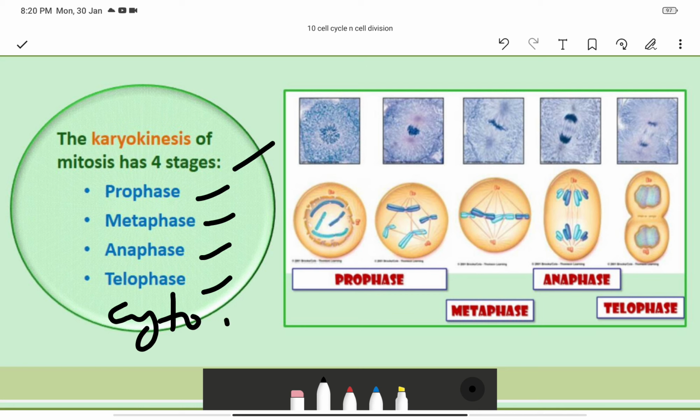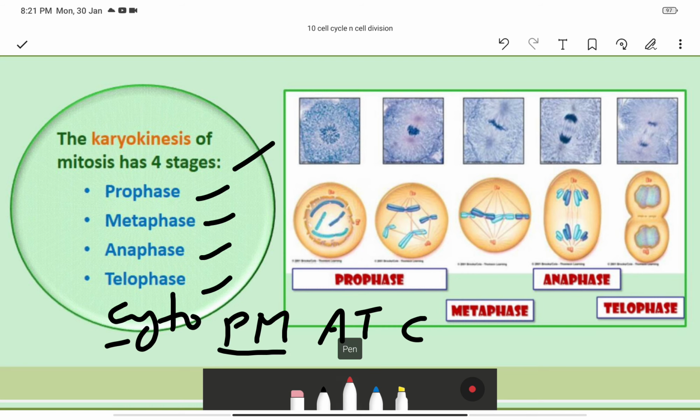That's the reason: PM, Prime Minister, at C means Chennai. You have to remember it like that: PMAT, prophase, metaphase, anaphase, telophase. After that, cytokinesis takes place. Anyhow, this should be remembered in order. These are the subphases in the karyokinesis.